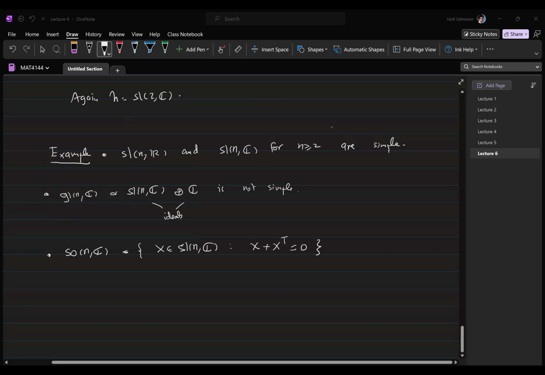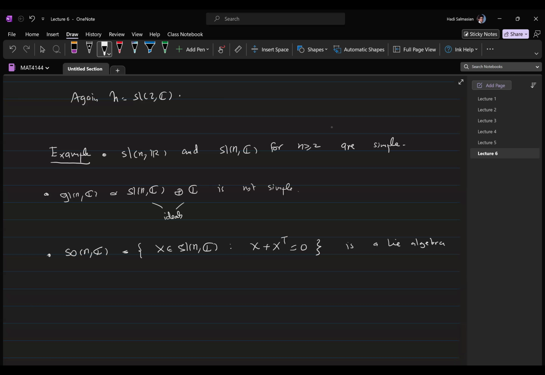Skew symmetric matrices with the matrix commutator. You can check that this is a Lie algebra, because the commutator of two skew symmetric matrices remains skew symmetric. XY minus YX for X and Y skew symmetric is still skew symmetric. You just use properties of transpose. That's elementary. But is it simple or not?